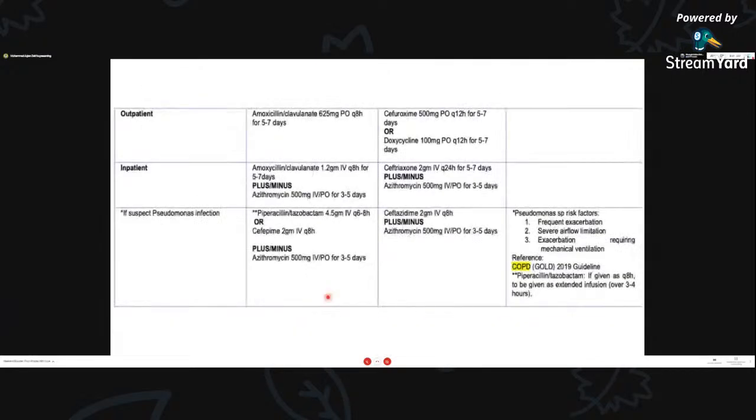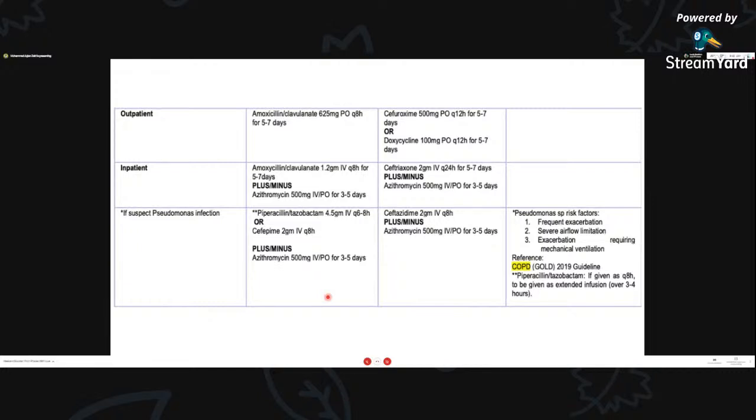So this is the list of antibiotics. You'll notice this is actually taken from the National Antibiotic Guideline, 2017, I'm not mistaken, the latest one basically. It is basically the same as the pneumonia antibiotics. We have Augmentin, given per oral if outpatient, intravenous if inpatient.